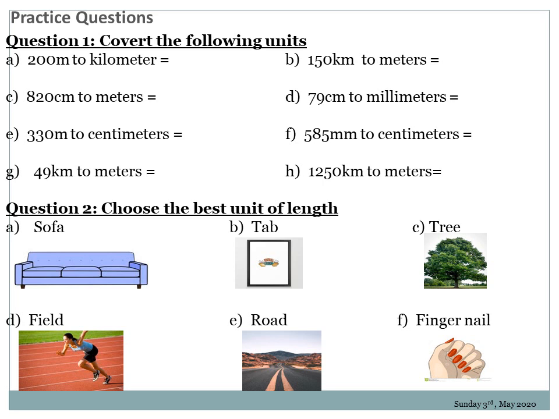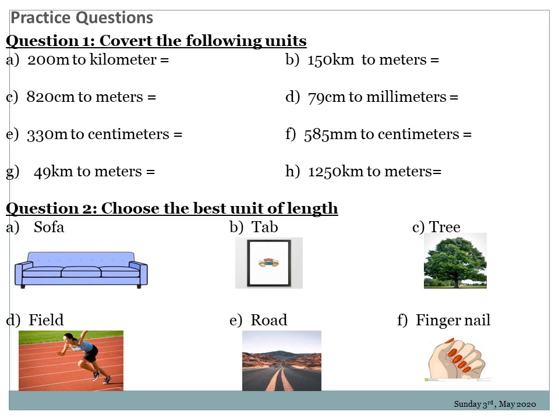Remember, 10 millimeters is equal to 1 centimeter. 100 centimeters is equal to 1 meter. And 1,000 meters is equal to 1 kilometer. That's why you see 10, 100, and 1,000 on the blocks that we just looked at in the previous slide.